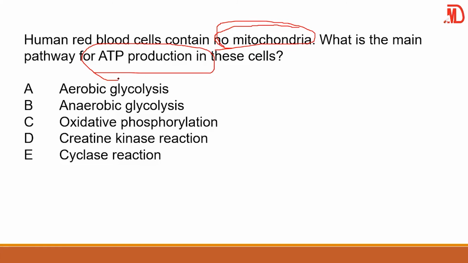Anaerobic glycolysis. Anaerobic, yes. Aerobic means oxygen, and if it deals with oxygen, you need mitochondria. But if you don't deal with oxygen, then the end product is lactic acid.